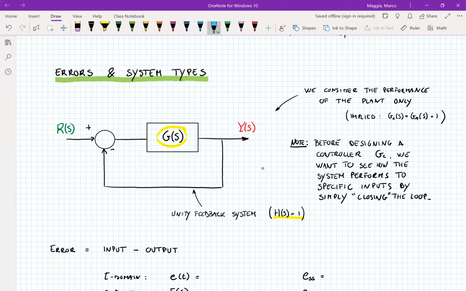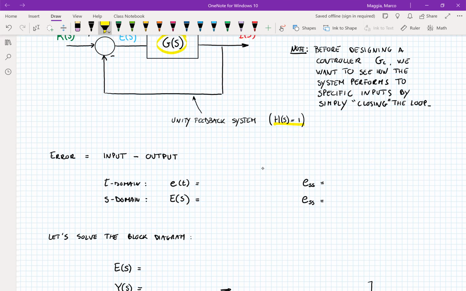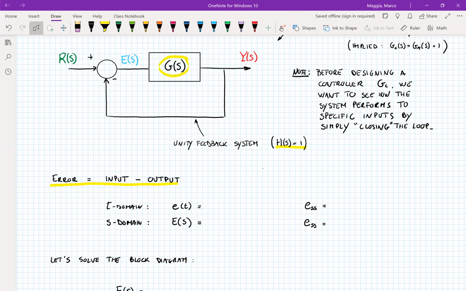The error is the signal coming out of the sum junction. And by definition, the error is the difference between the input and the measured output. In this case, since the output is measured perfectly, the error is simply input minus the actual output.